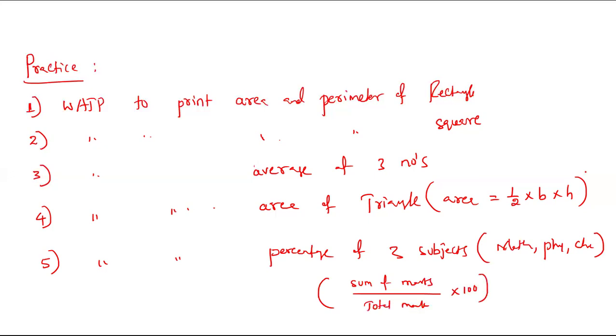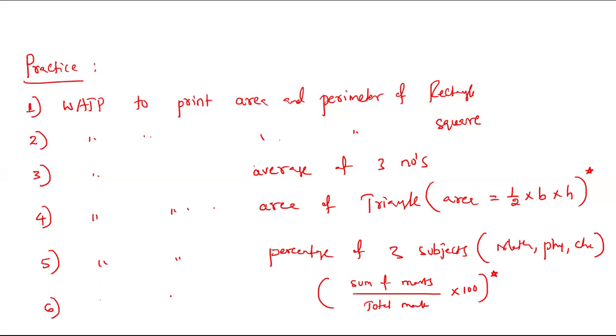This question will trouble you. You will not get the expected output or correct output. I know, but I am asking you to practice so that you will learn something. Okay. The next, sixth question.